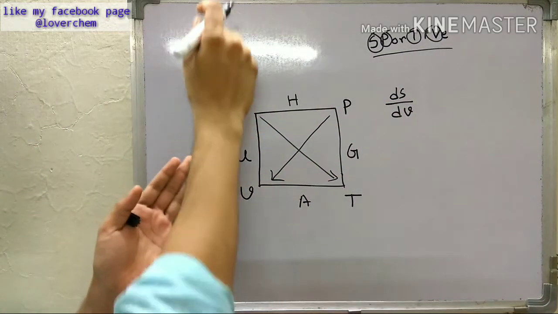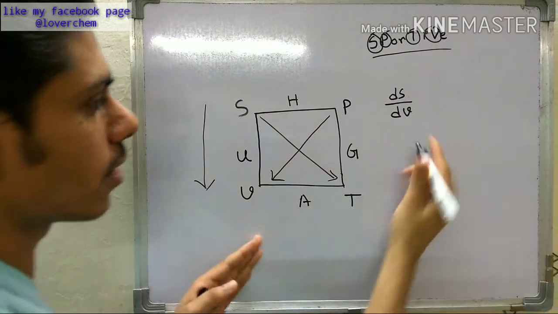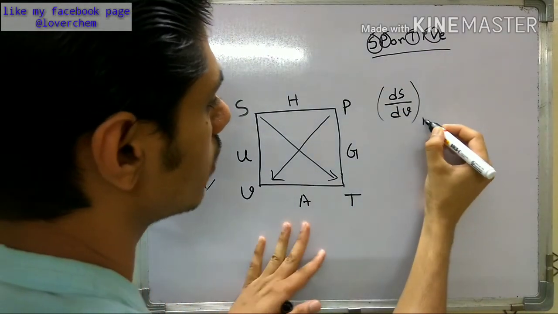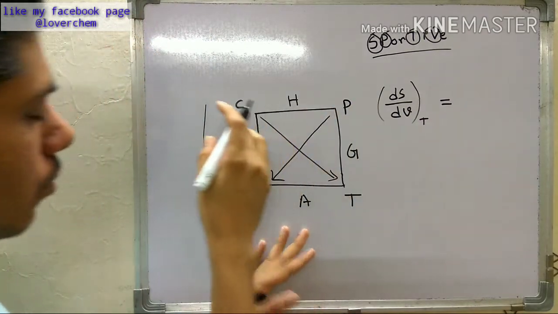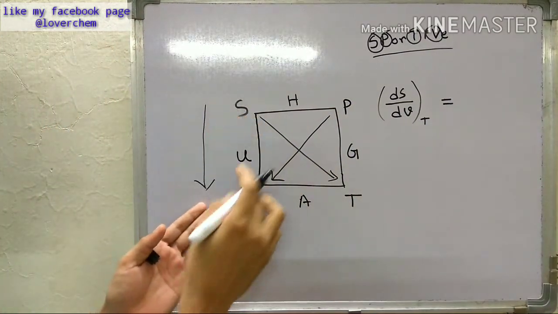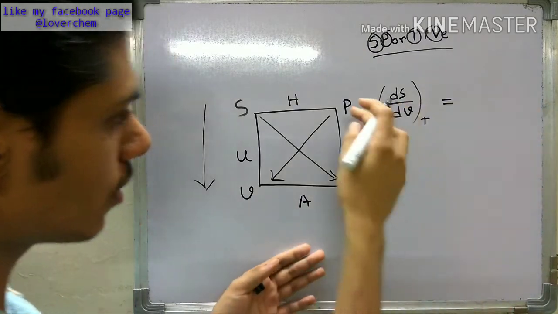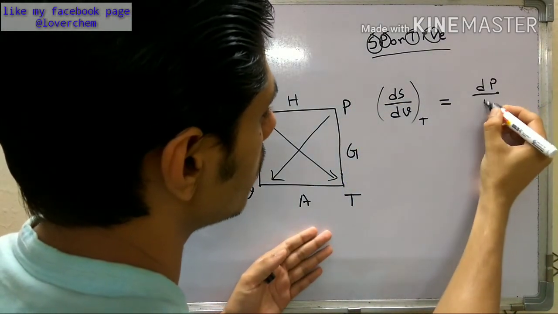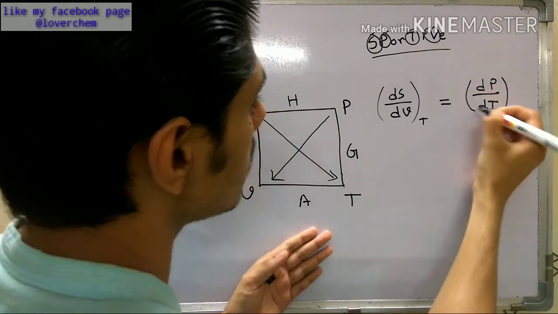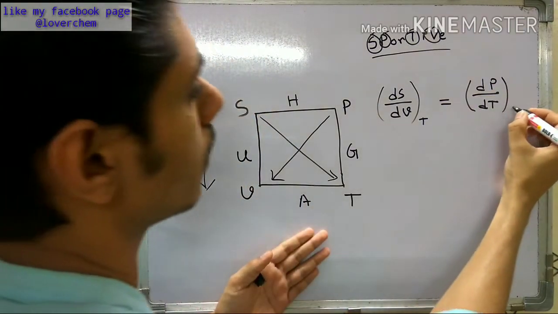So if we come in this direction, we have to fix this term. So here the constant term will be T. It will be equal to, on the right hand side, dP dT, and in this case the constant will be V.